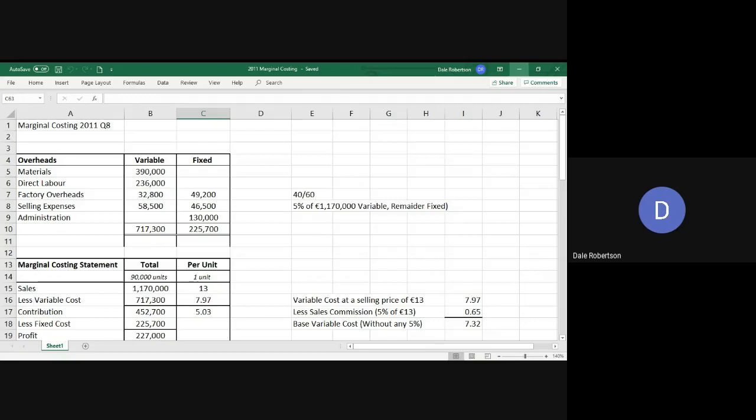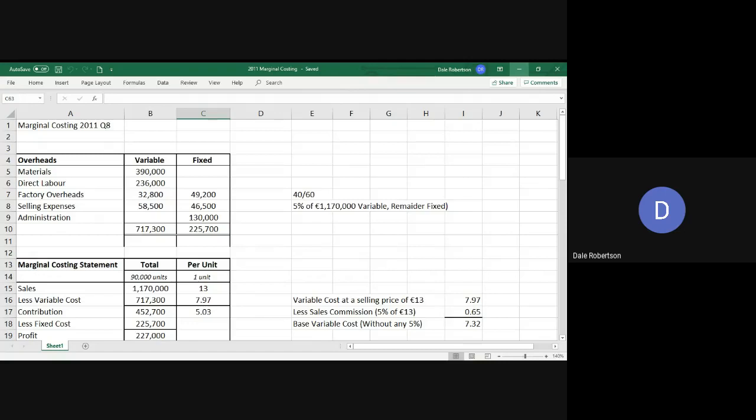The key thing with marginal costing is that we have to separate out fixed and variable overheads or expenses. And they are treated completely separately in marginal costing. Just to be clear on the definition, fixed overheads are things which stay the same regardless of whether this company sells 9 units or 90,000 units, whereas variable overheads will change dependent on the sales.